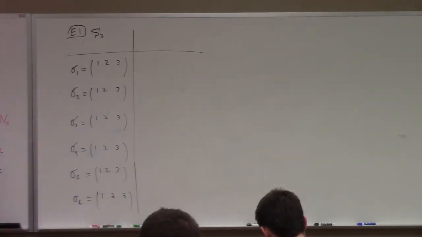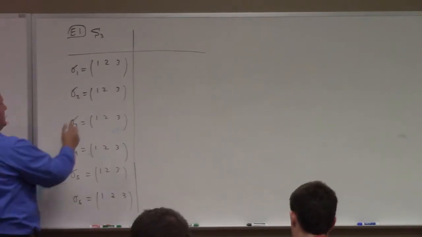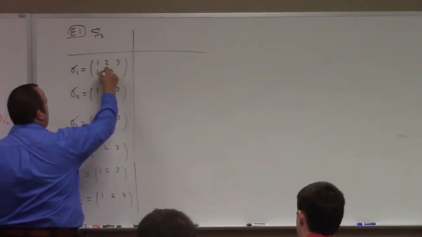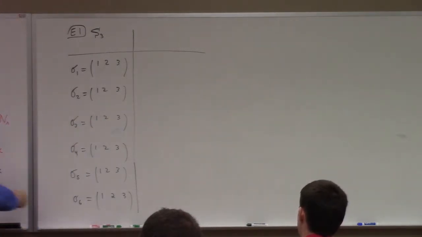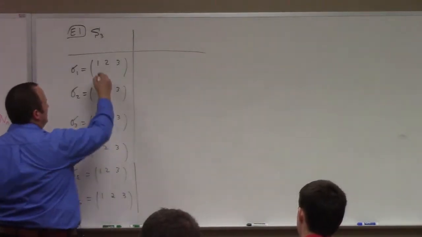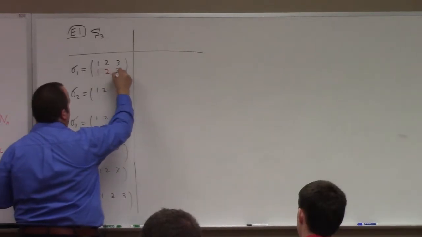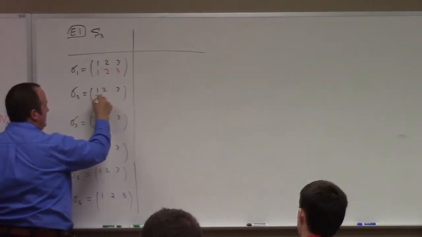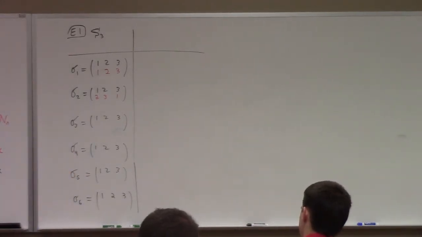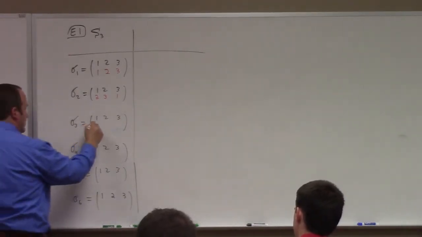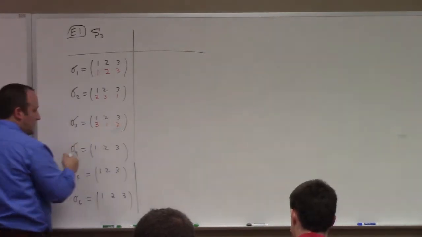So there you've got 6 of them because 3 factorial is 6. Let me do it in a different color, actually. We can send 1 to 1, 2 to 2, 3 to 3. We could send 1 to 2, 2 to 3, 3 to 1. Or you could do 3, 1, 2 for the outputs.